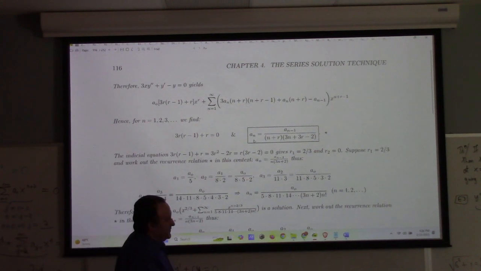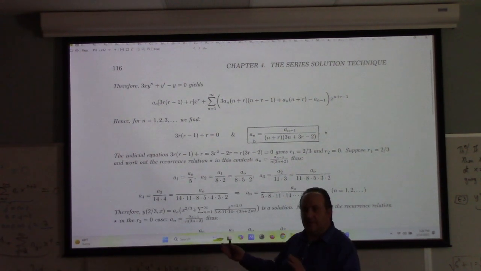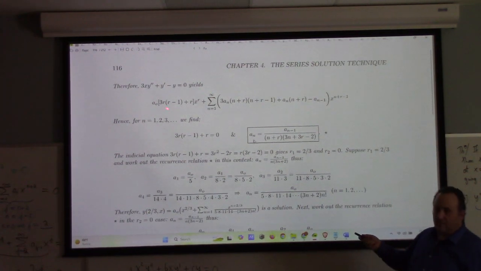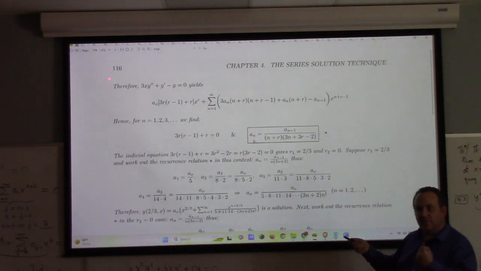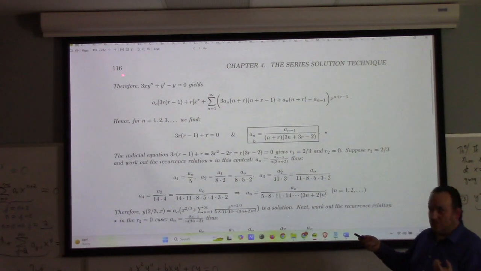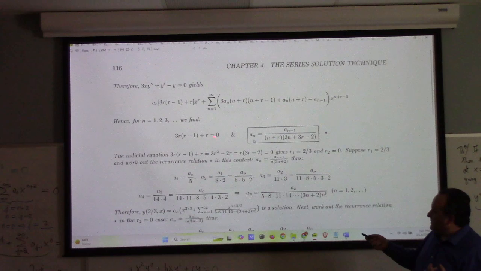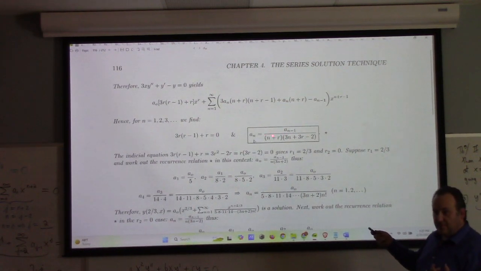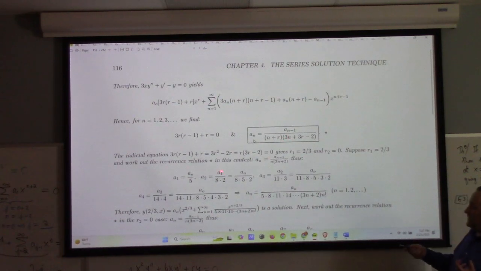There are some terms that are special cases, just like in the calculation I did for you today. These special terms are only going to go to 0 if we choose a specific value of r. That's the indicial equation. So for this one, my indicial equation is this, and this is the analog of my red boxed equation today, but this time for the Frobenius method. And then you solve these recurrence relations.